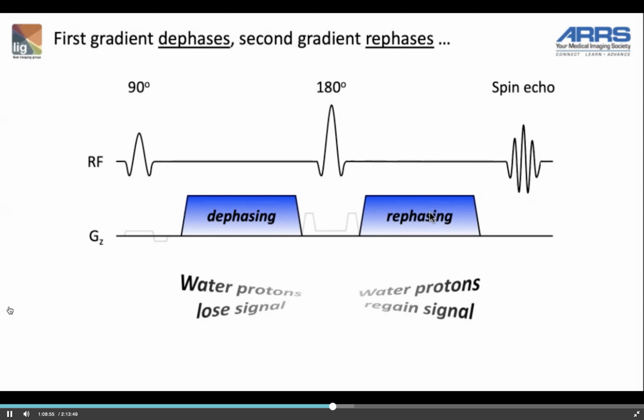Well, the first motion encoding gradient causes dephasing of the water protons, and the water protons lose signal. The next gradient is pointing in the same direction as the first gradient. Notice that they're both pointing up over the x-axis, but it's on the other side of the 180. And because it's on the other side of the 180, it actually has the opposite effect. So this one causes dephasing, this one causes rephasing, and the water protons regain their signal.